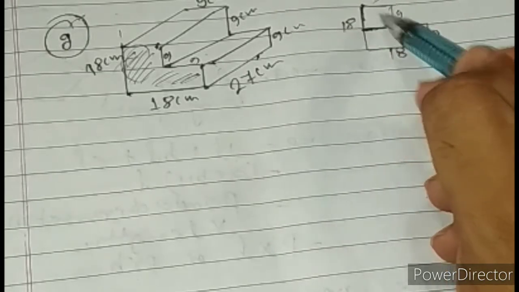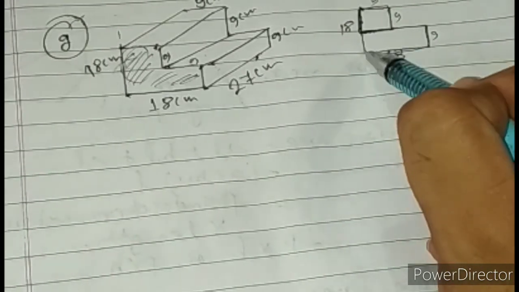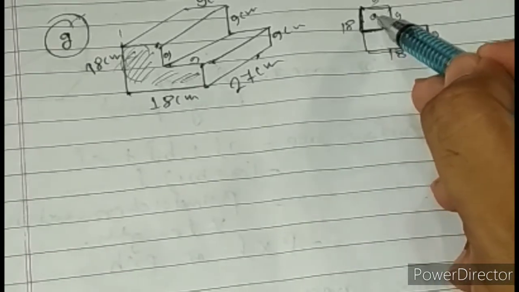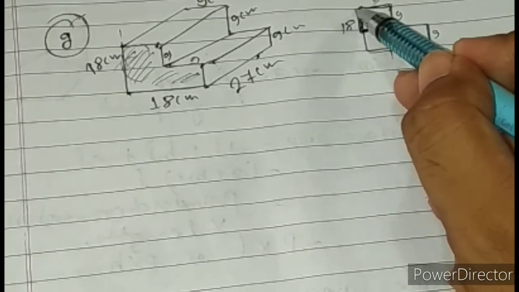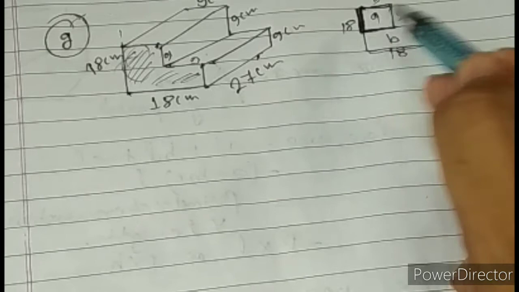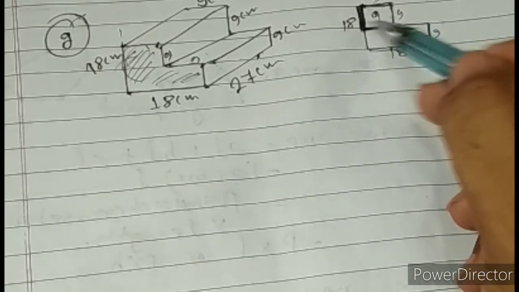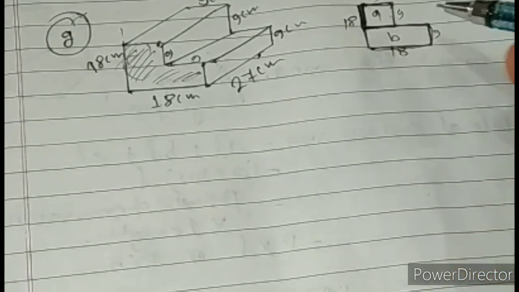If we cut here, how many rectangles do we get? One rectangle is here, another rectangle is here. Suppose this is A and this is B. What is the area of A? Length is 9, breadth is also 9. So area of A is 9 into 9. Similarly, area of B is 18 into 9.